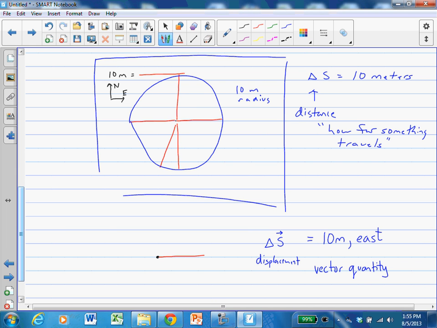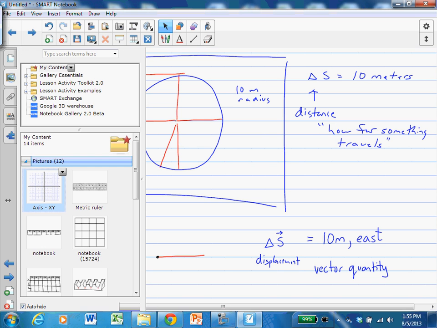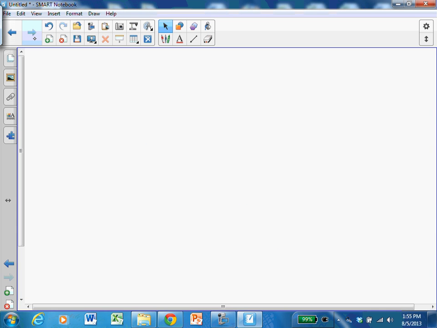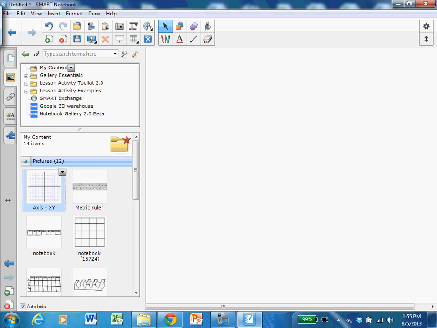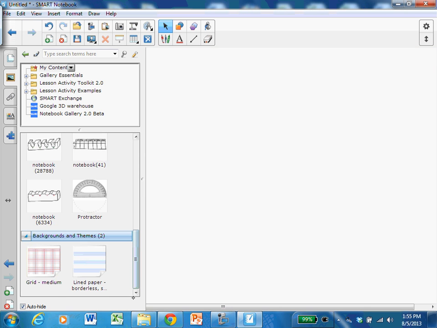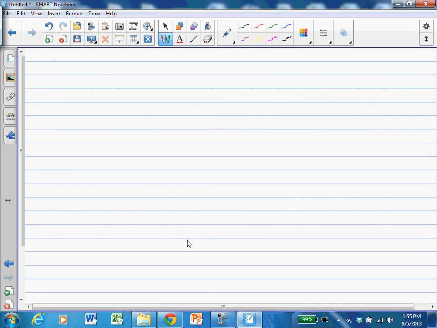How do we represent vectors graphically? We need a scale for that.